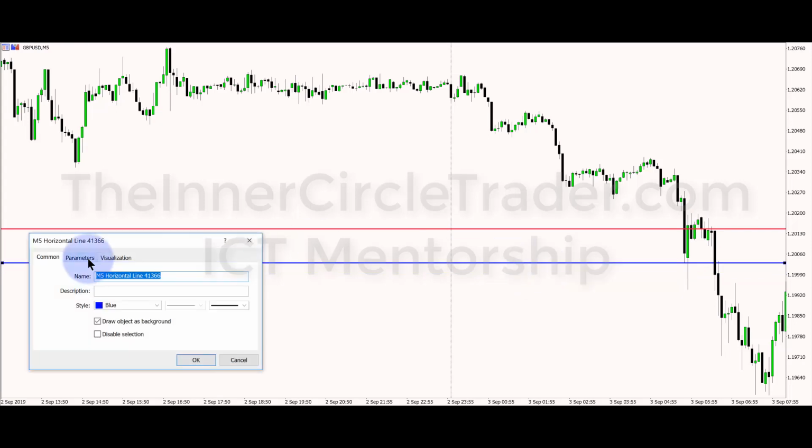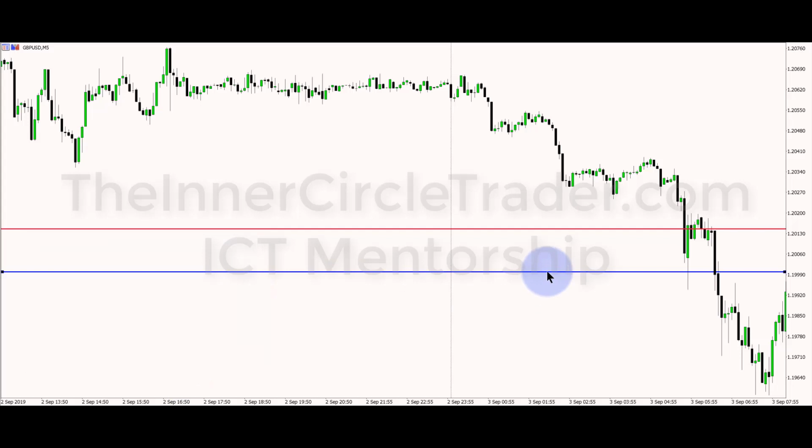So we have big figure 120. And the protocol is when we get to a big figure, we can expand as much as 40 pips beyond that. So in this case, we have 120. What's 40 pips below that? 119.60. I didn't make that rule up, it works well here. Everyone in the mentorship knows this rule.